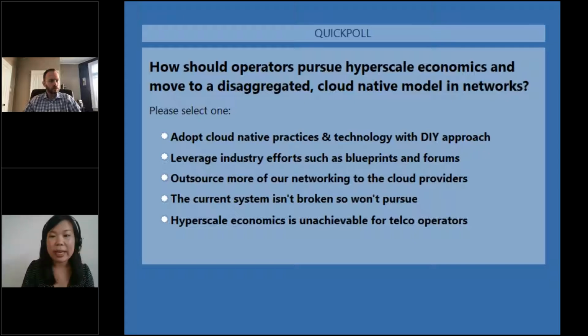Or number 2, is it about blueprints and forums and standards? Or number 3, is it about outsourcing the networking to the hyperscale cloud providers for their cloud platforms, their capabilities and tool sets? Or number 4 or 5, not possible, or the current system isn't broken, therefore we don't have to change.